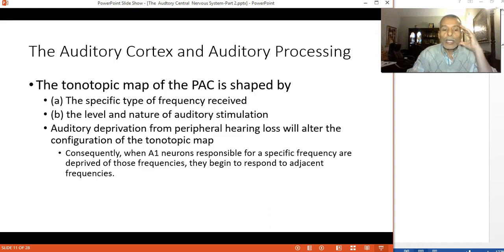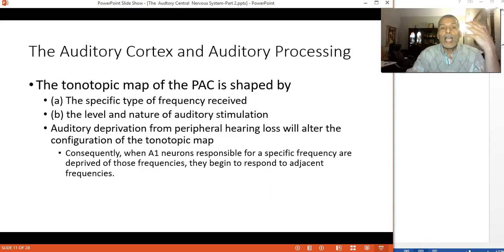So what happens when there's auditory deprivation? What happens when someone does not have the environment where they hear lots of words and lots of sounds and lots of reading and enrichment and all of that?